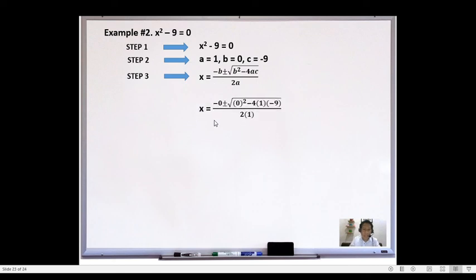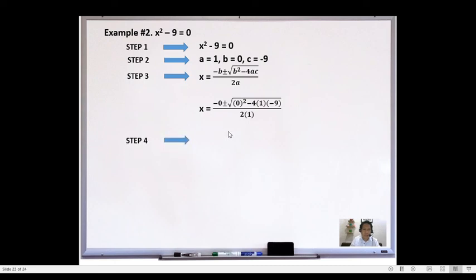So that is x is equal to negative 0. The value for b is 0. Plus minus the square root of 0 minus 4 times the value for a, which is 1. Our value for c is negative 9, over 2 times the value for a, which is 1. So 2 times 1.